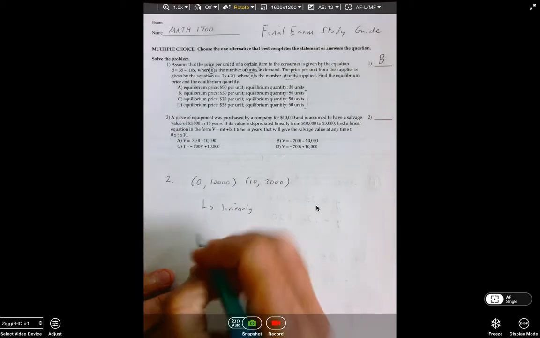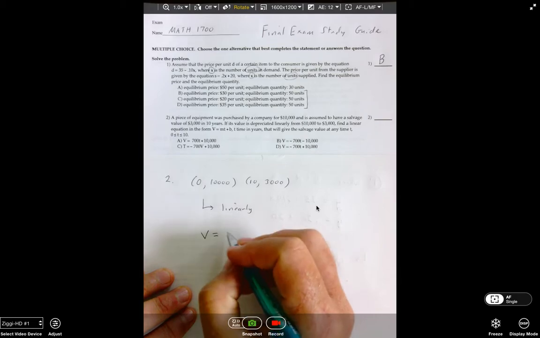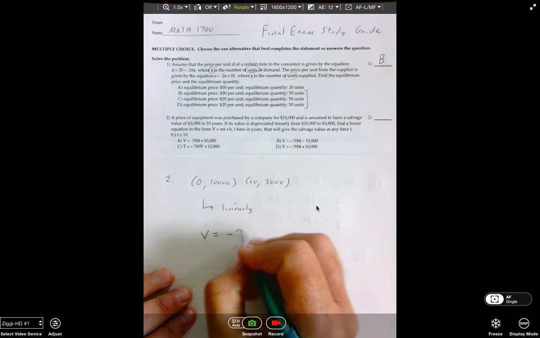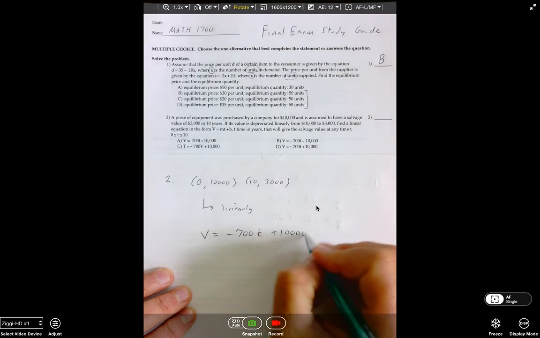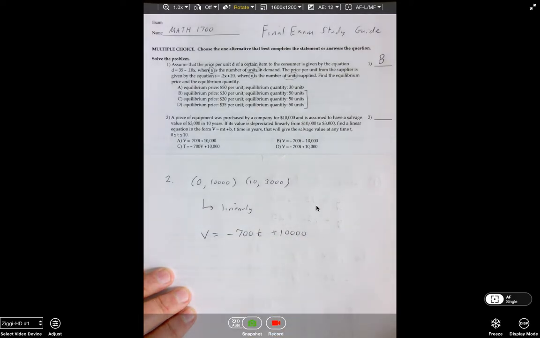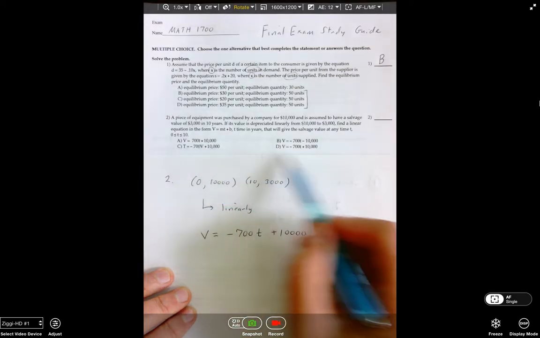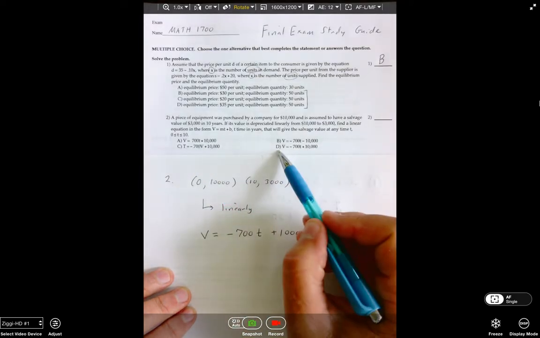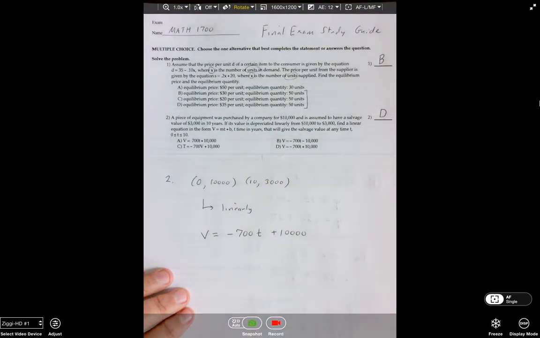So if our A is negative 700 and our B is 10,000, then we know this is our answer. So we look up here and we try to find where our value and everything matches up. So guys, it looks like to me that the correct answer is equal to D.